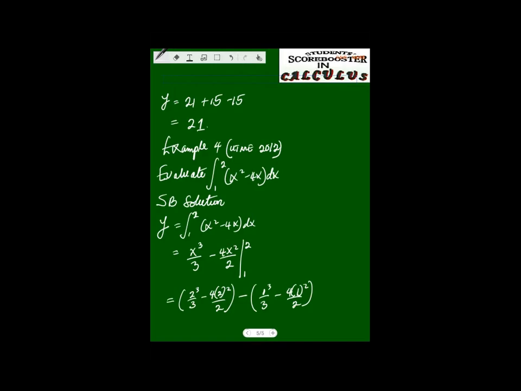I hope we can see that. So you can begin simplification here. This is just what you can easily do as a JAMB student. So 2 cancels 2 here. So let's simplify this. 2 raised to power 3 is 2 times 2 times 2, which is 8. And 2 raised to power 2 here is 4, times 2, which is 8. And this is minus 1 over 3.